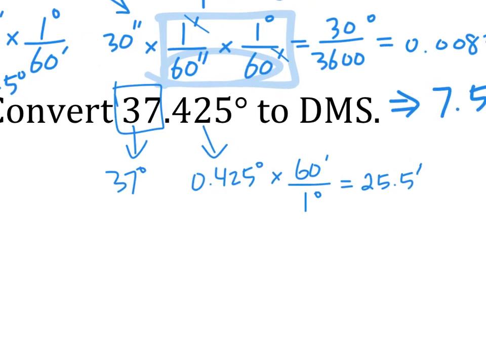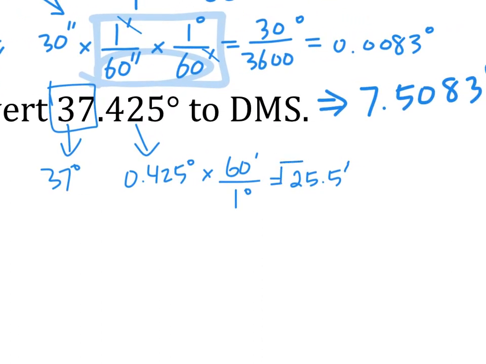Okay, now we're going to just take the whole number minute part, keep it, and then the decimal part, we're going to change that into seconds. So every single step we take just the whole number part, we keep it, and then the decimal part, we're going to change it into the next unit smaller.